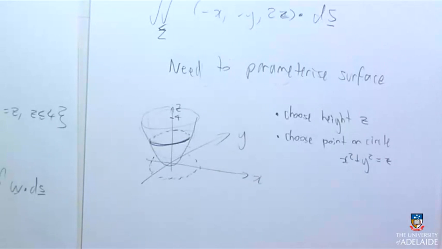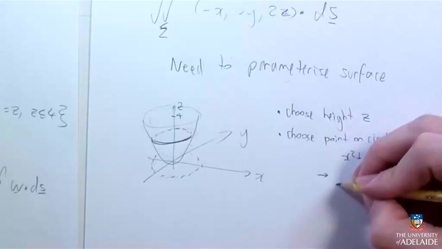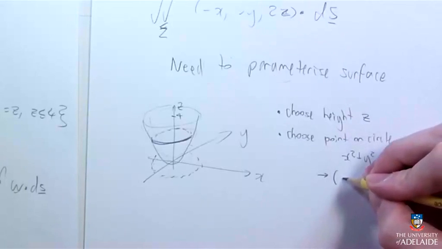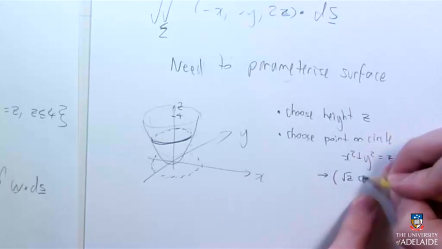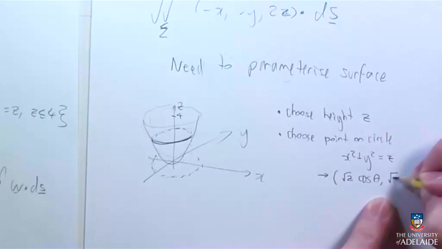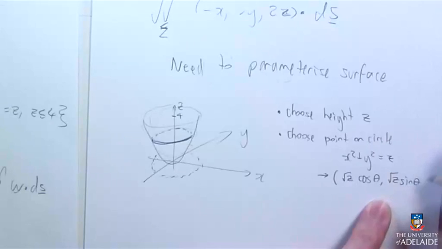Okay, so if I choose a point on a circle, the x-coordinate is going to be radius cos theta, radius sine theta. That's what you'd get on a circle. That's how you make a circle. And then the height would be z.